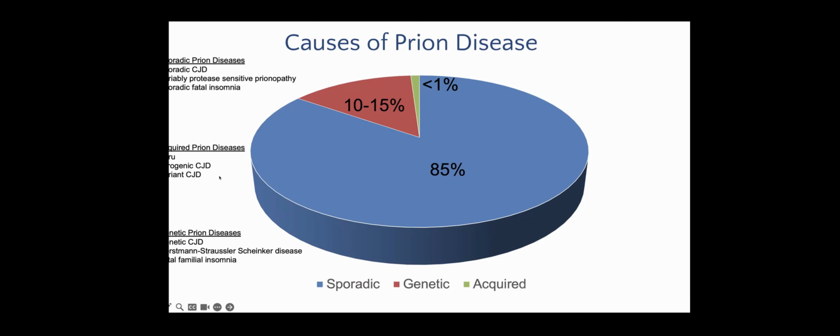And then finally, variant CJD, which is what we call prion disease in a human due to eating meat contaminated with bovine spongiform encephalopathy, also sometimes referred to as mad cow disease.